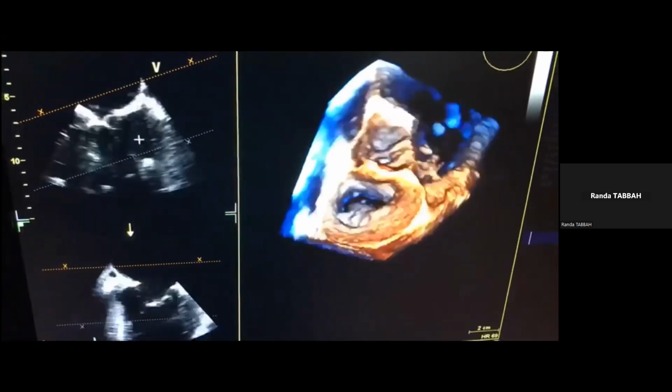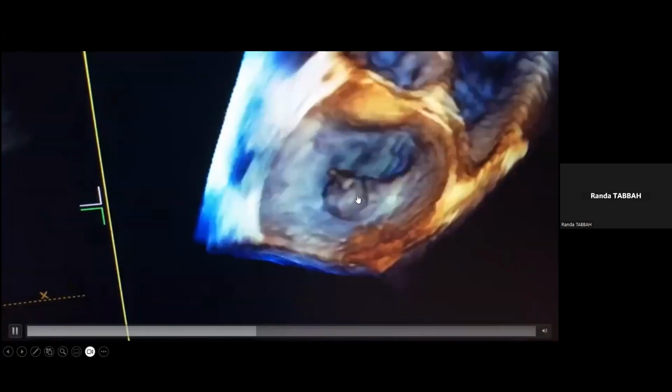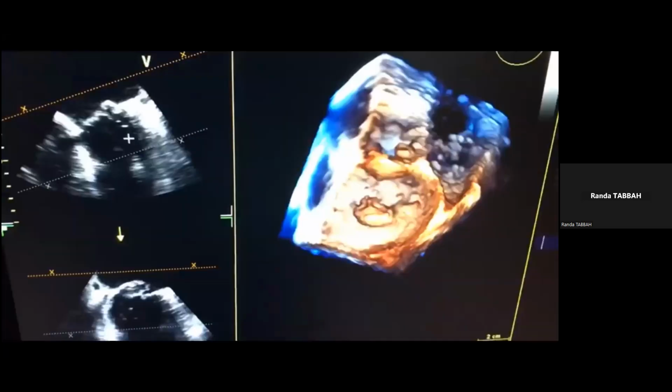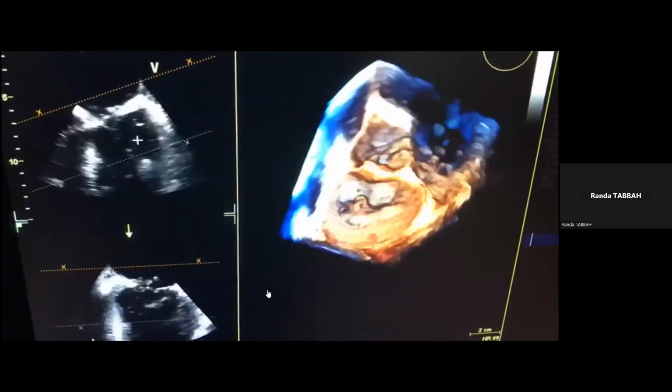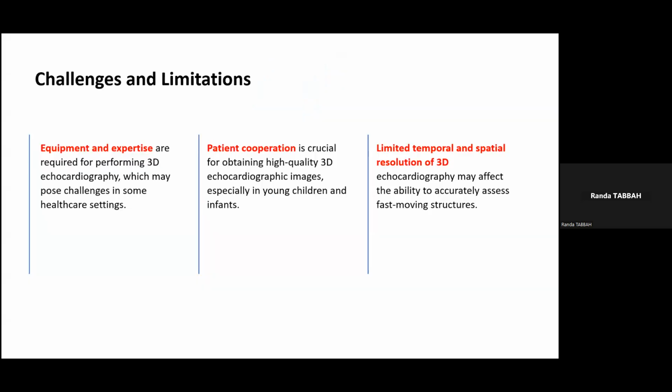Here we can see, for example, a patient with prolapse. You can see here the prolapse and indicate where the prolapse is and which segment it is, anterior, posterior, P1, P2, P3, to have a better evaluation of the prolapse and the mitral regurgitation.